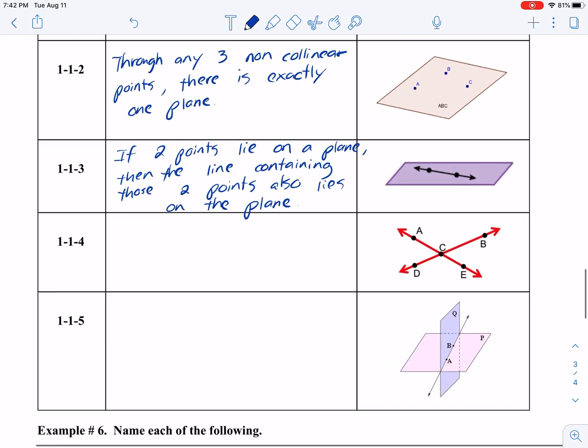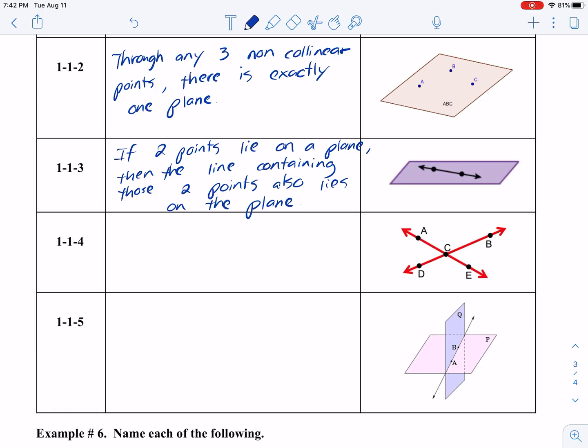And that's what you see here. 2 points with a line extending through those 2 points. Those 2 points are on the plane. Therefore, the line is also on the plane.